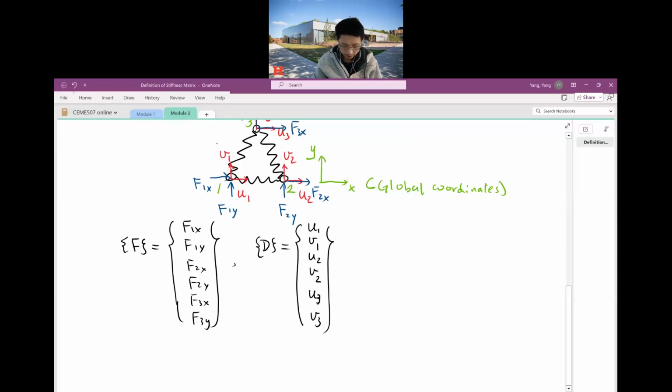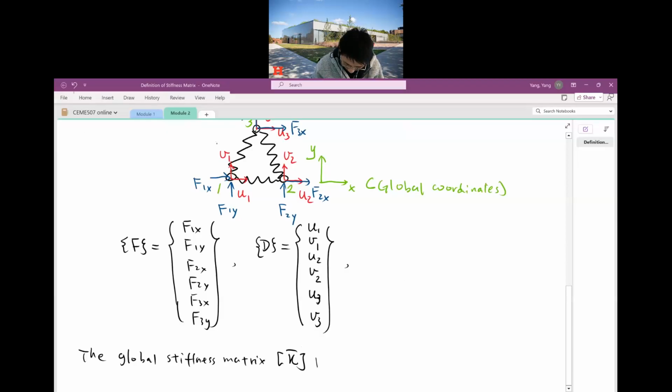So here we can also define the global stiffness matrix. Here we use the uppercase K.